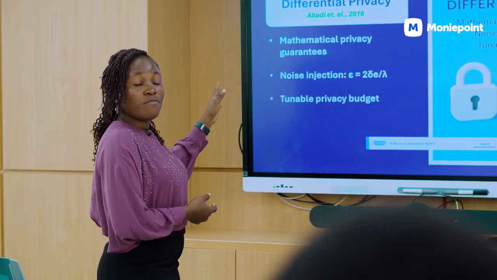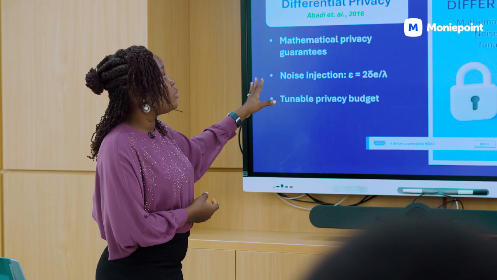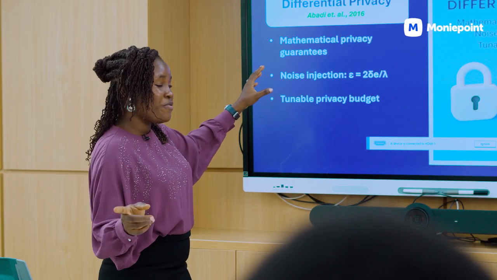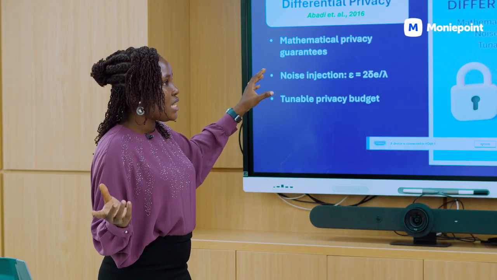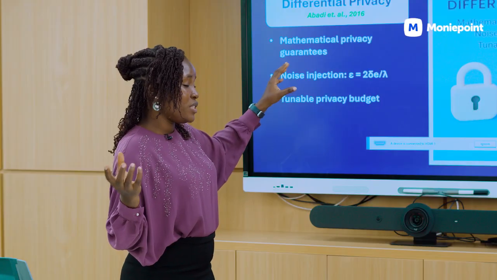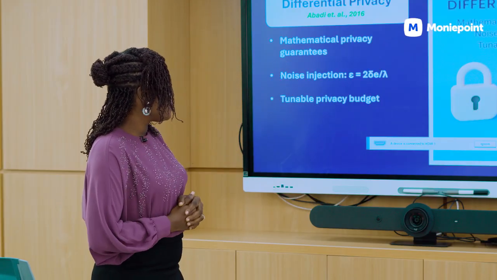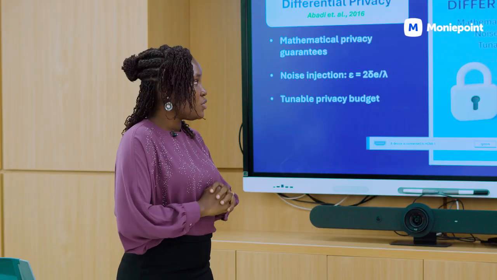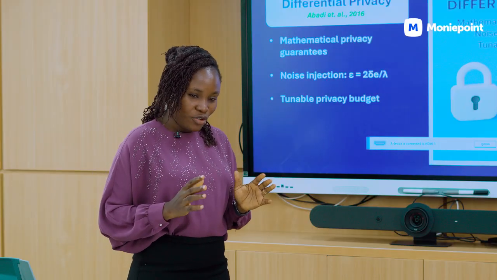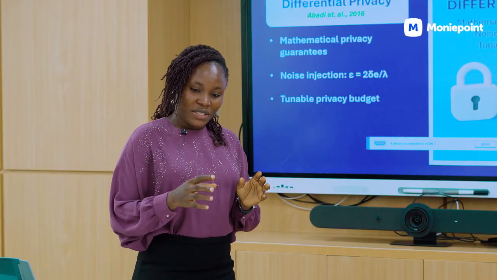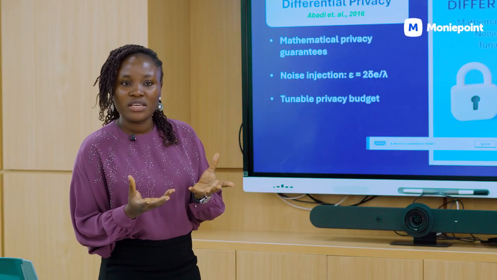So different mechanisms have been used in literature to preserve the model updates being sent from the local client to the global client. One of them is what we refer to as differential privacy. What this does basically is add noise to the updates being sent in order to mask the information.